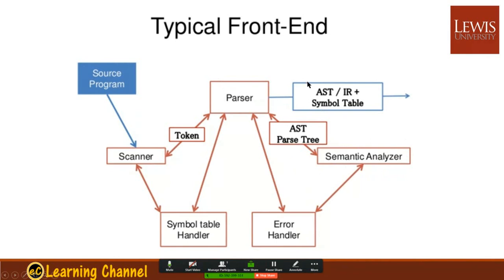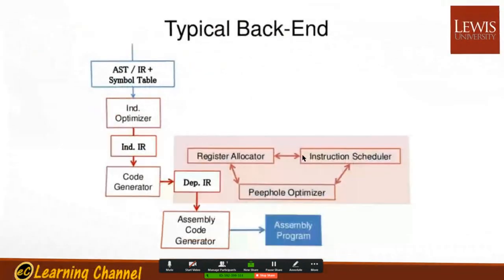And after that, you may generate a symbol table. As we mentioned before, this symbol table is used for the whole process of a compiler, so every stage of the compiler will use the symbol table. And then you will have the instruction selector and the register allocation in here, and then go into the backend.